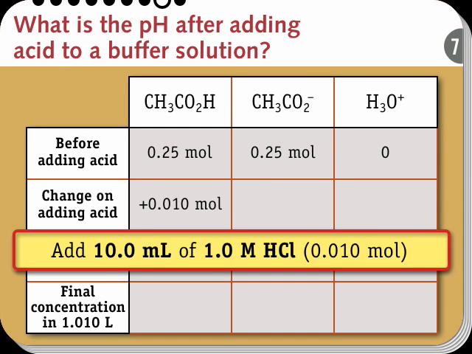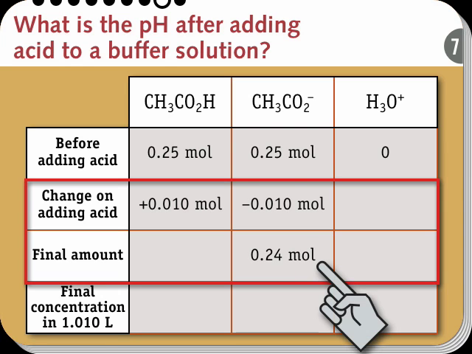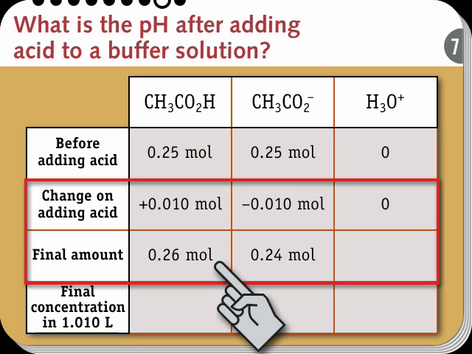Now add 10 milliliters of 1 molar HCl, or 0.01 moles of acid. This reacts with acetate ion, the base in the buffer, to produce more acetic acid. Therefore, the amount of acetate ion decreases by 0.01 moles, and the amount of acetic acid increases by 0.01 moles.